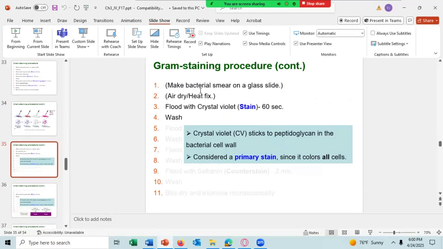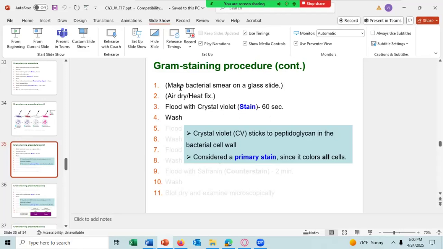You then flood the cell with crystal violet, and if you did not heat fix or attach the cells to the glass, the crystal violet would actually lift most of the bacteria off the slide, and then when you dump that off, you lose most of the bacteria. So that's why you have to air dry and heat fix the slide.